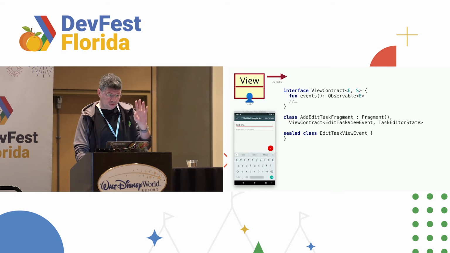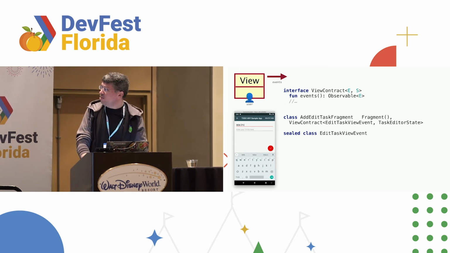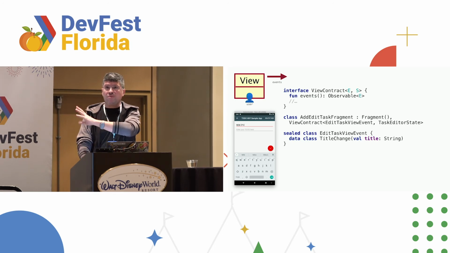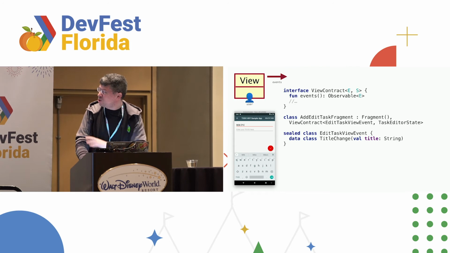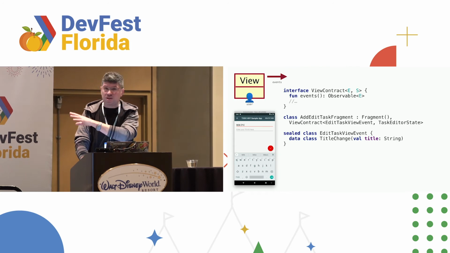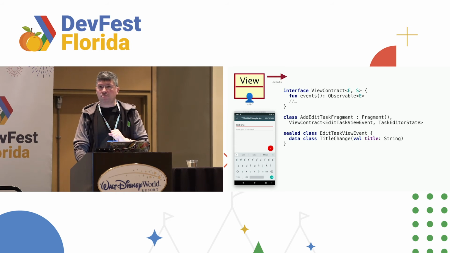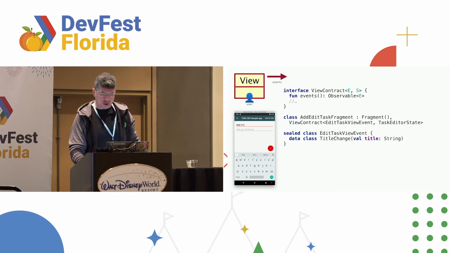So if you edit the title, let's say, you're going to click on the title, and then we're going to need some sort of event to send down towards the model. So in this case, we're going to call it title change. It's a data class again, and it has a payload, which is a title. So it's going to send the title down the pipe so that the model can eventually process it.